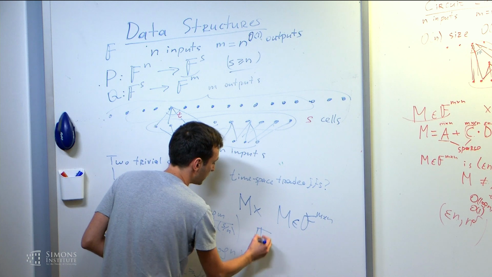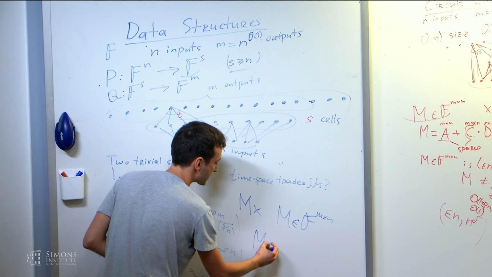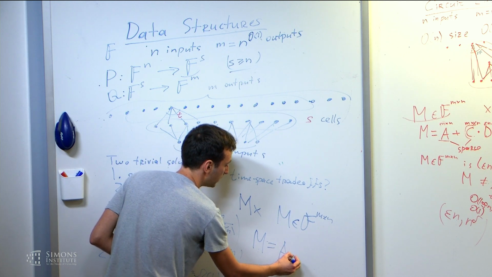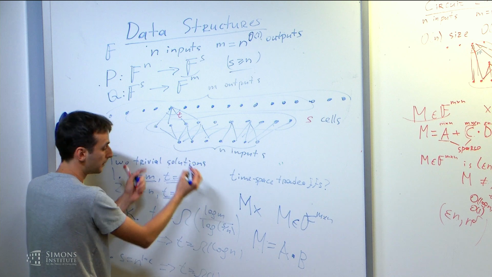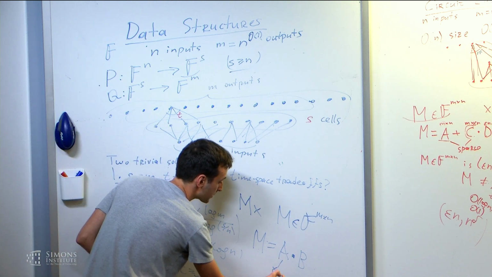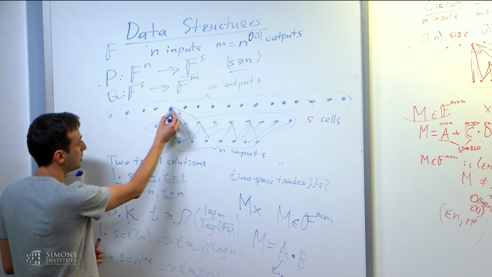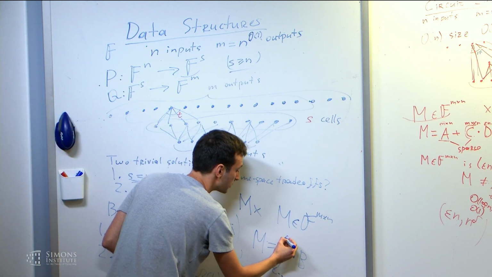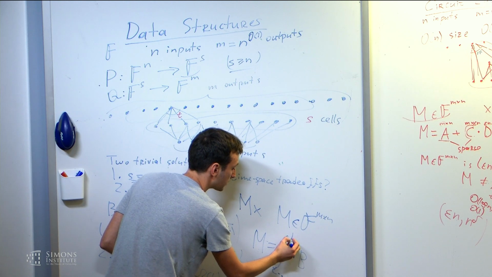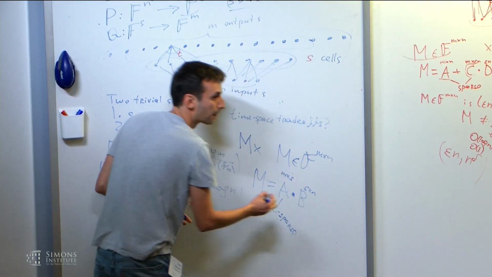This is whatever your output layer computes, some matrix A times matrix B, which corresponds to whatever you compute in the middle layer. And A is C-sparse because each of your outputs depends only on C elements. And B is small, so M is of size m times your space, and B is S times n.